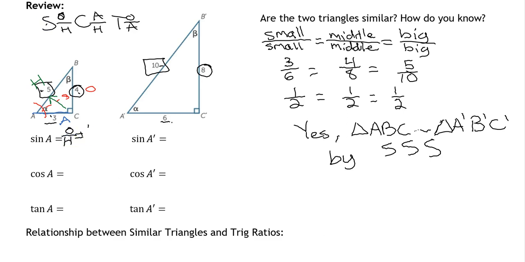My opposite side is 4. My hypotenuse is 5. Cosine, adjacent over hypotenuse. My adjacent side is 3. My hypotenuse is 5. Tangent of A, tangent is opposite over adjacent. My opposite side is 4. My adjacent side is 3.